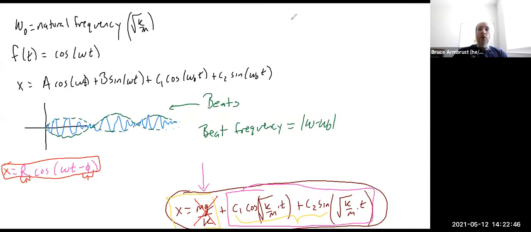All right, so now let's add in some drag. Let's add in a resistive force. So now we're going to do the same situation where we've got the spring with the mass. We still have the two forces that we talked about before: gravity and spring force. But now let's add in a resistive force.